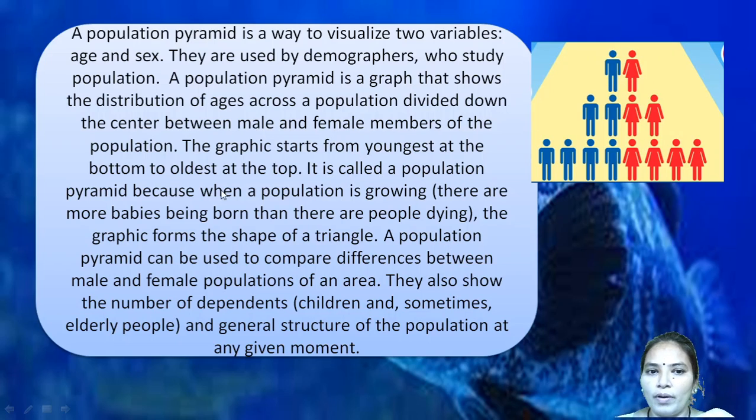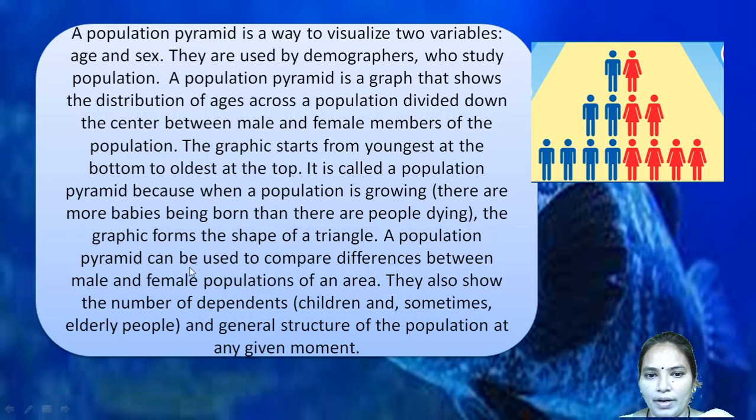It is called a population pyramid because when a population is growing, there are more babies born than people dying. So here we can see the young ones are more as compared to the old ones who are dying. The graphic forms the shape of a triangle. Hence this is called a pyramid.